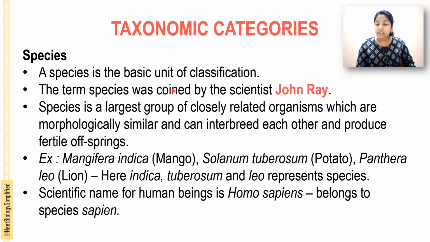The term species was coined by the scientist John Ray, and it is the basic rank of classification. In the last class we already discussed the definition of species: they are the group of similar organisms, closely related organisms, having a common gene pool, that interbreed freely to produce fertile progeny.